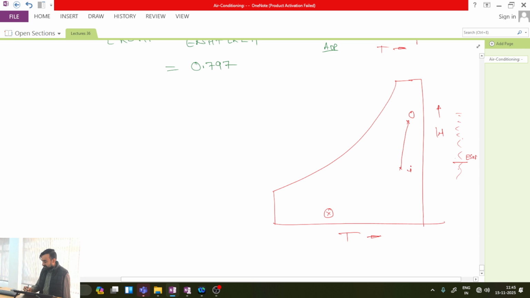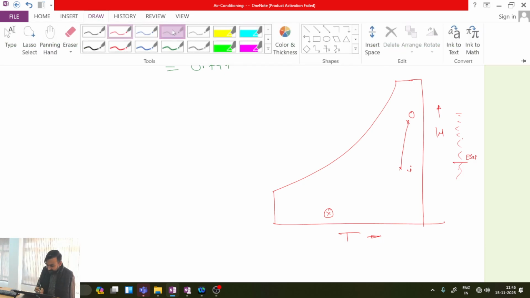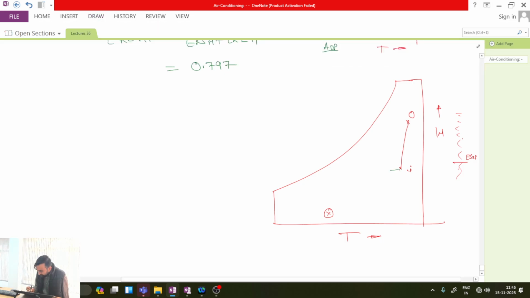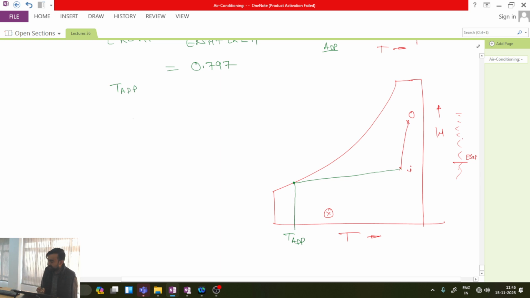I can draw a straight line between ESHF and the alignment circle, and then I can draw a parallel line to this, which must pass through which point? Point I. Okay. And this parallel line, when it strikes the saturated curve, what will it give me? It will give me TADP. So I have come to know TADP.